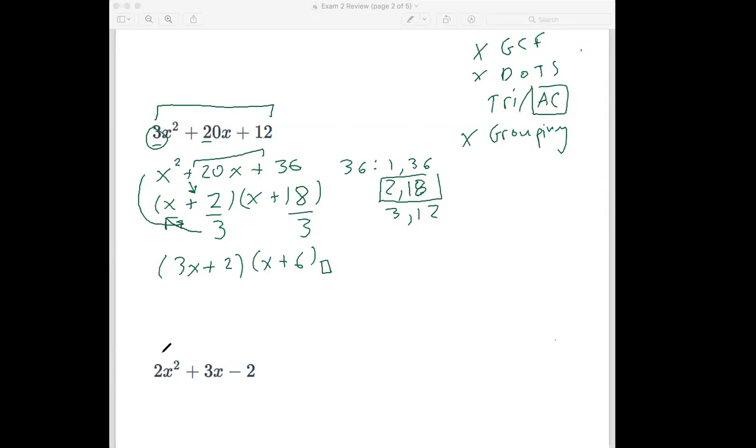Okay, I'm going to start work on this one down here. We're going to look at it. Is it GCF? No, it's not GCF. This guy, is it a trinomial? Yes. And we're going to use AC method again.